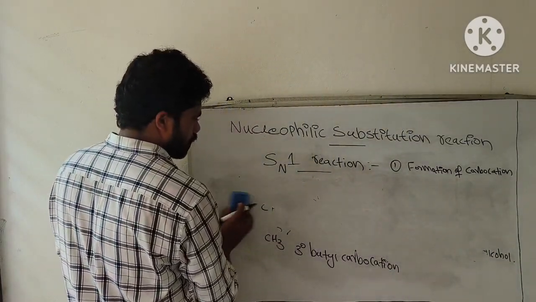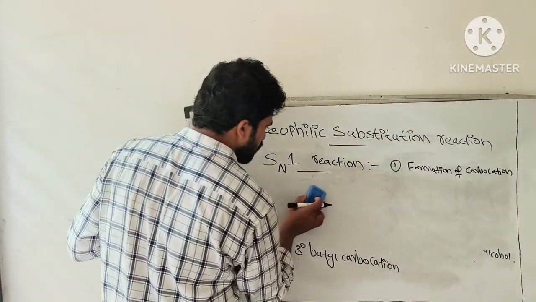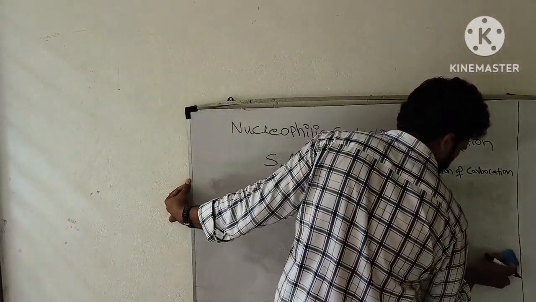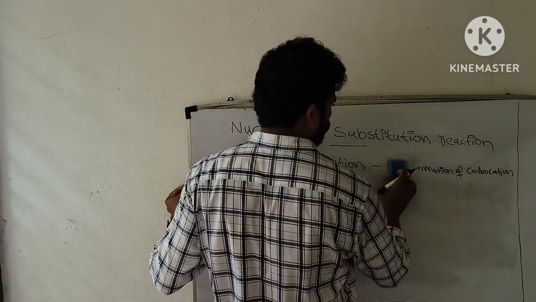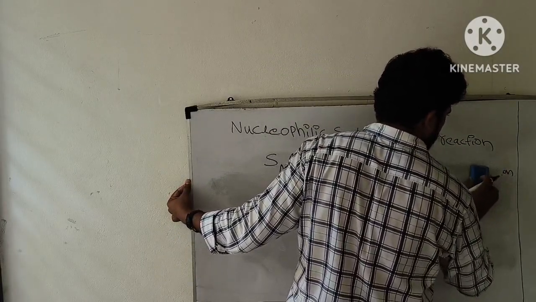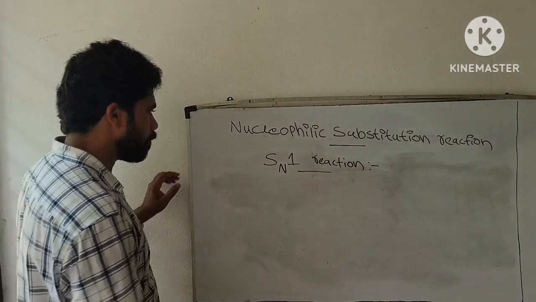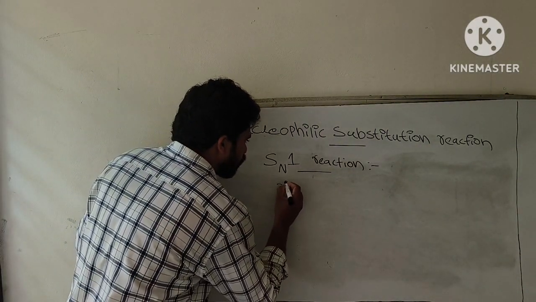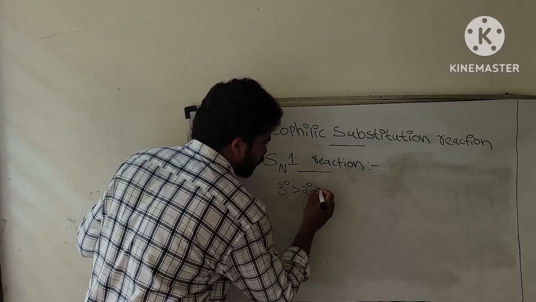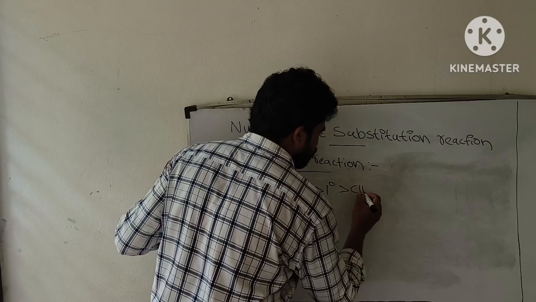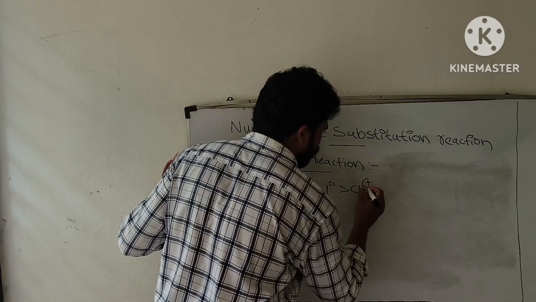Now let us discuss, my dear students, the order of reactivity of SN1 reaction for alkyl halide. I already discussed one important matter. Tertiary carbocation is more stable than secondary carbocation, which is more stable than primary carbocation, which is more stable than methyl carbocation.